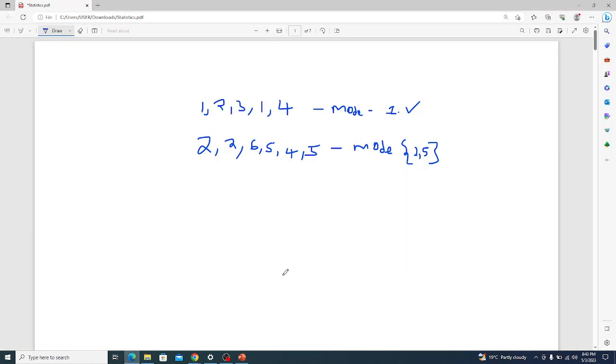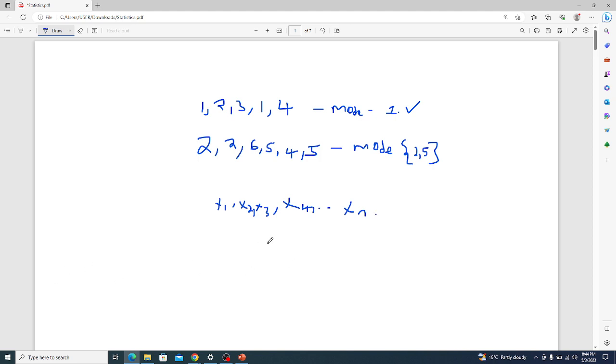Let's say we have these values: x1, x2, x3, x4, and you can even go up to xn.